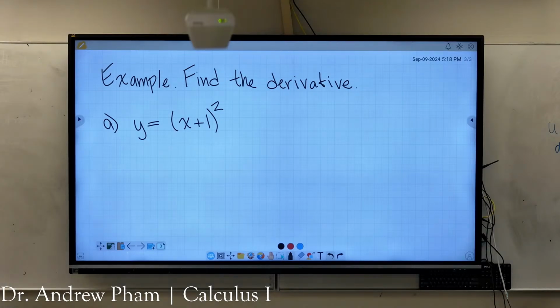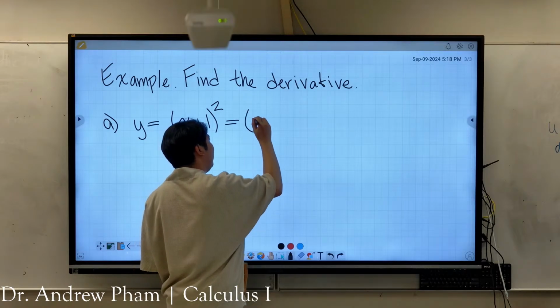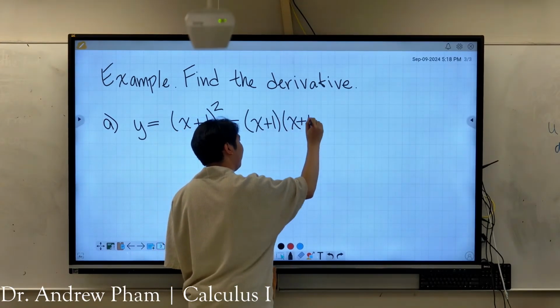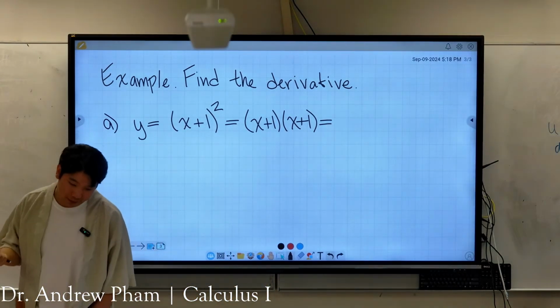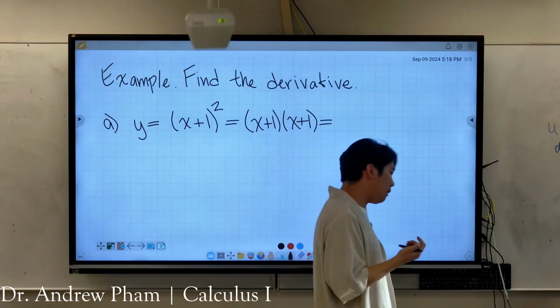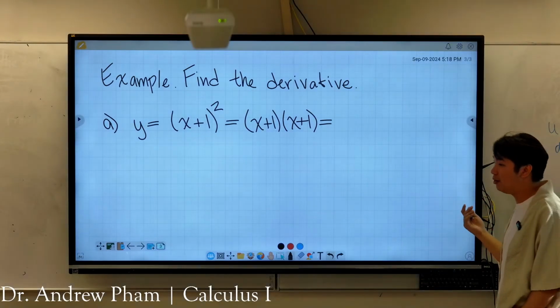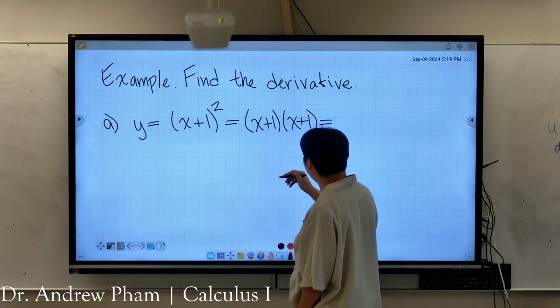Yeah, I can look at this and if I wanted to, I can multiply this out. Remember what x plus 1 squared is? That's just x plus 1 times x plus 1. I can multiply this out if I really wanted to, and we will. So multiplying this out, quick algebra recap. In this case, we have a binomial times a binomial. If you really want to use the terminology, we can FOIL it out.